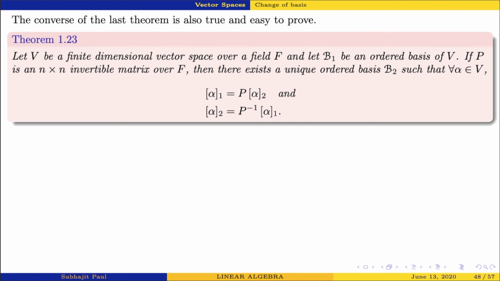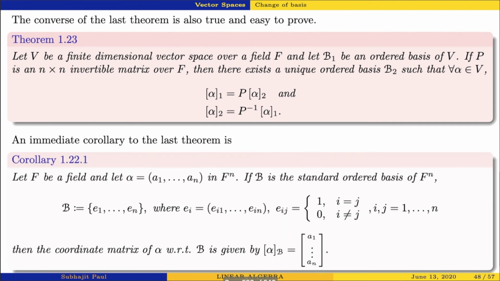An immediate corollary to the last theorem is this. Let F be a field and let alpha, which is (a1, ..., an), be in F^n.